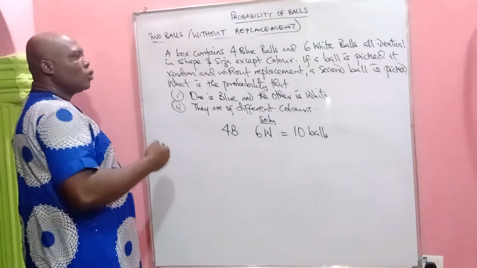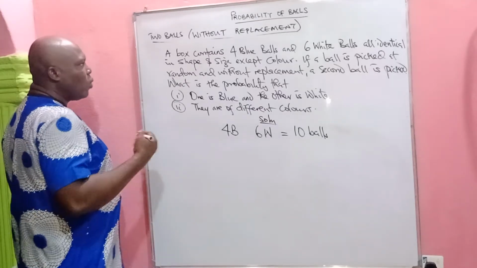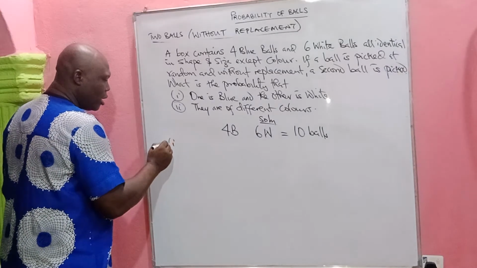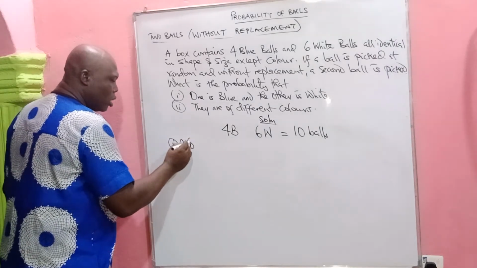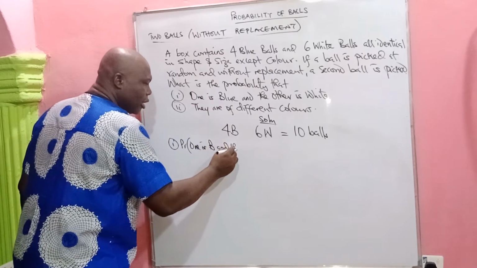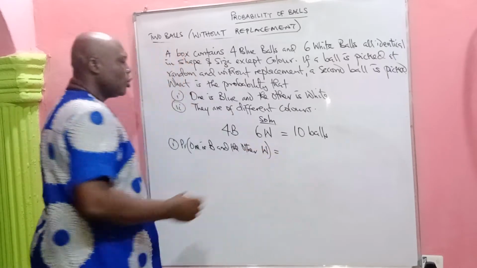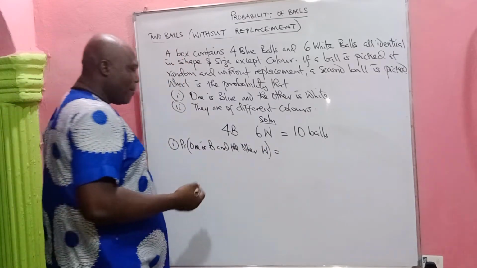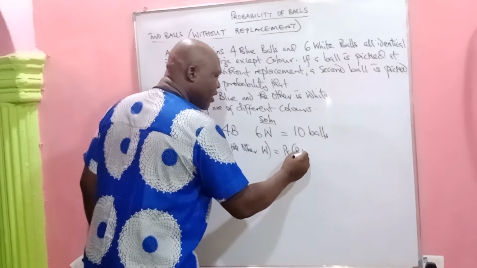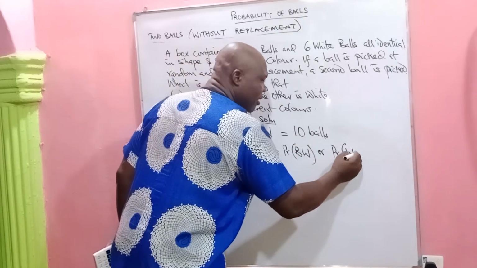Now, they say we want to pick 2 balls, one after the other, without replacement. What is the probability that one is blue and the other is white? Meaning that you are having the probability of blue coming first before white, or the probability that white comes first before blue.